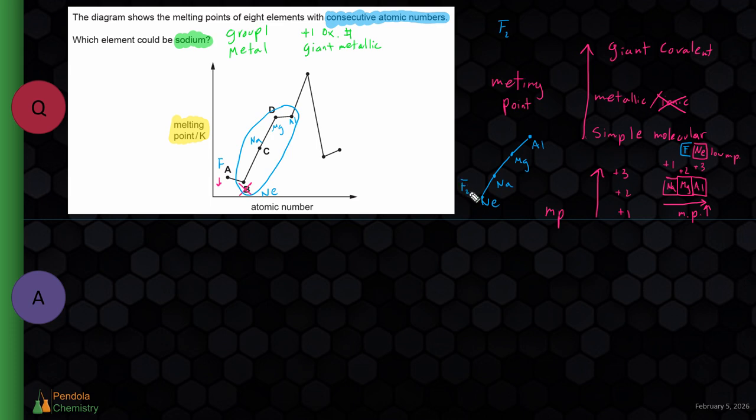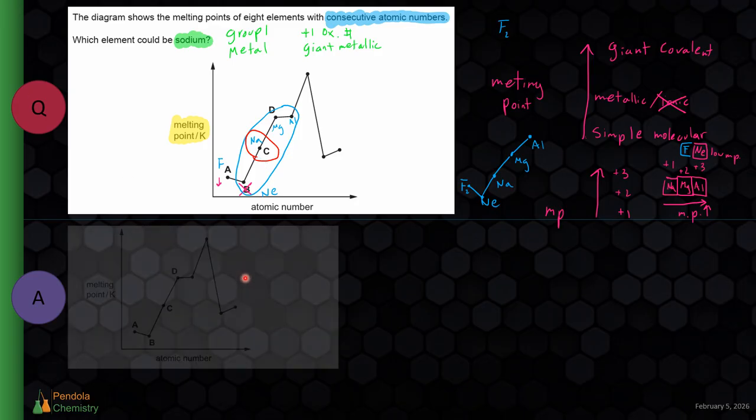Fluorine, being F2, would have a higher melting point than neon, but a lower one than sodium, because it's still simple molecular. Sodium will have a higher one than those two, but lower than magnesium and aluminum, which are also metallic, but have higher charges. Meaning that the only possible answer here would be C. And that is indeed our correct answer.